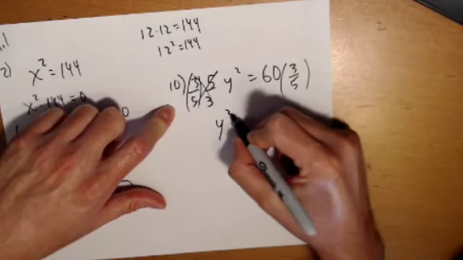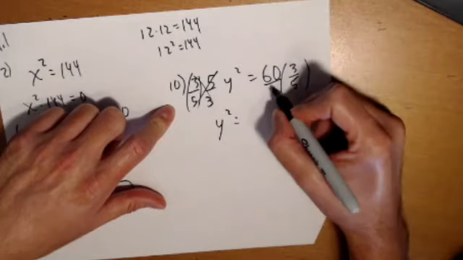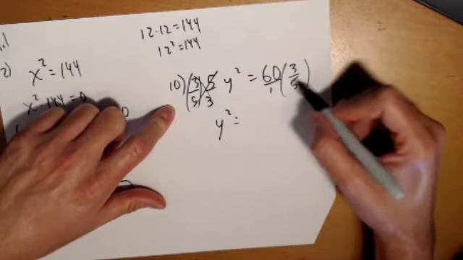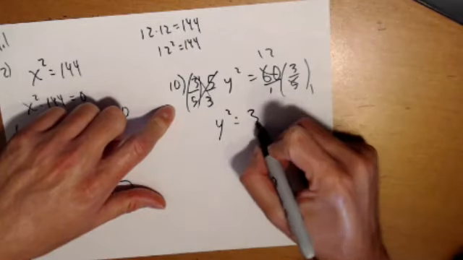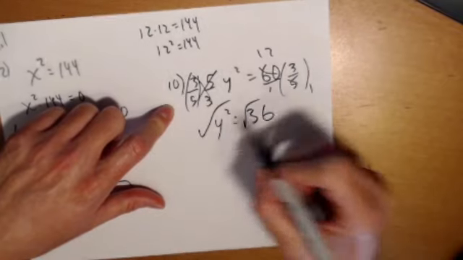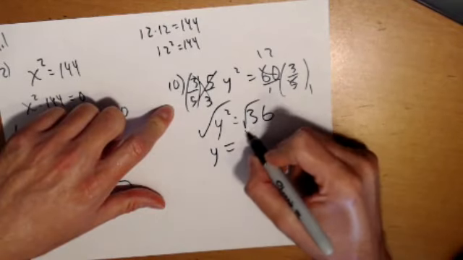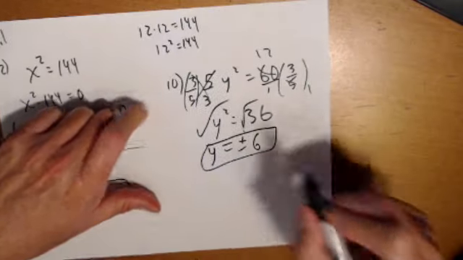Okay, so the left side is just y squared. And this one, let me just reduce it, put a 1 under there. 5 goes into 60 12 times. So 12 times 3 is 36. Y squared is 36. Square root, y equals, oh, I took square root, plus or minus. Square root of 36 is 6. Dang, easy peasy.